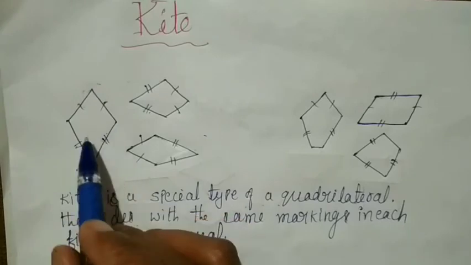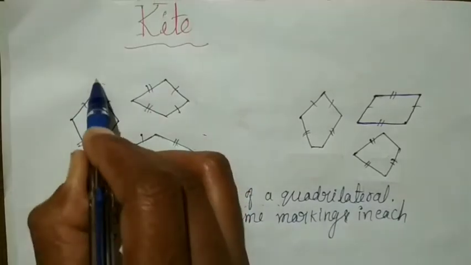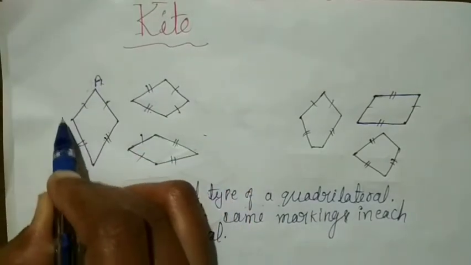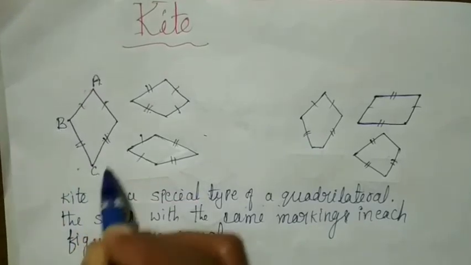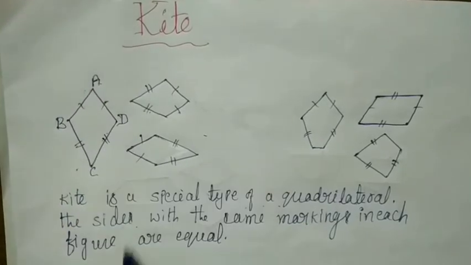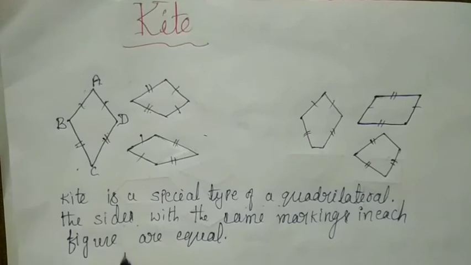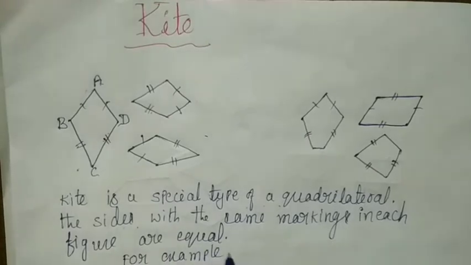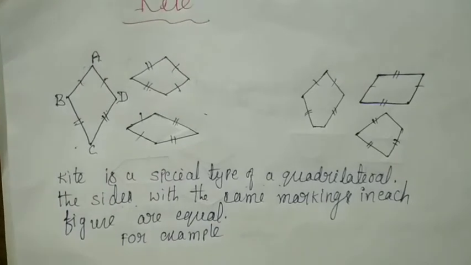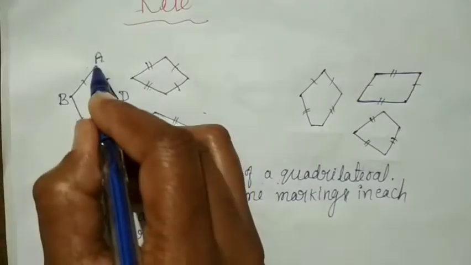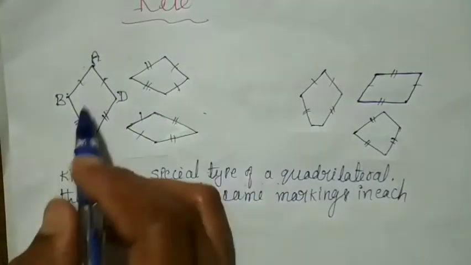First we take, for example, quadrilateral A, B, C, D. For example, AB is equal to AD.